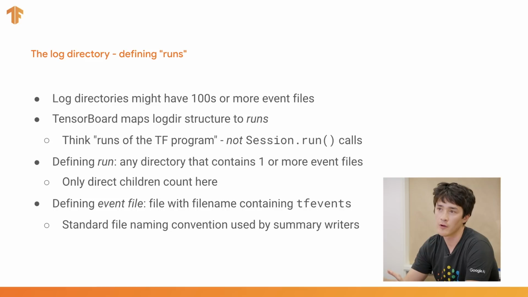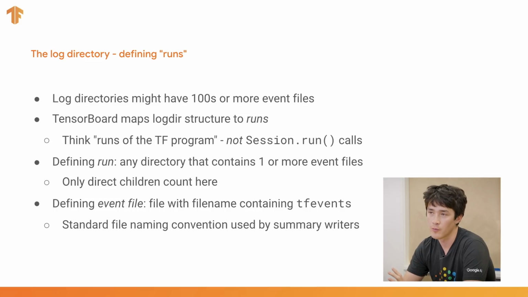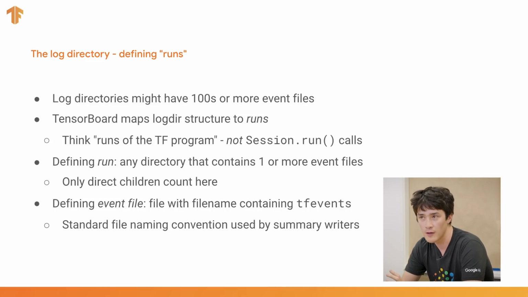And when TensorBoard loads a run, the definition it uses is that it's any directory in the logdir that has at least one event file in it. And in this case, we mean only direct children. So the directory has to contain an actual event file. And an event file is just defined as a file that has the string tf events in the name, which is just the standard naming convention used by summary writers.